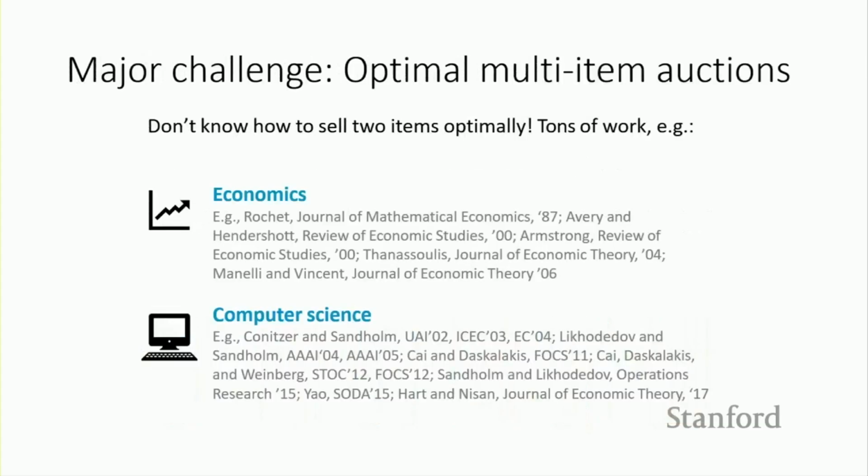Okay, so beyond that, it turns out that we know how to do a single item optimally in terms of revenue maximization under IC. At least I think it's still true, to my knowledge, unless something happened since I looked up this literature, which is minutes or hours ago maybe, that we don't know how to do even two items optimally. So this may be a bit surprising, but I'm just stating it as a statement of fact.